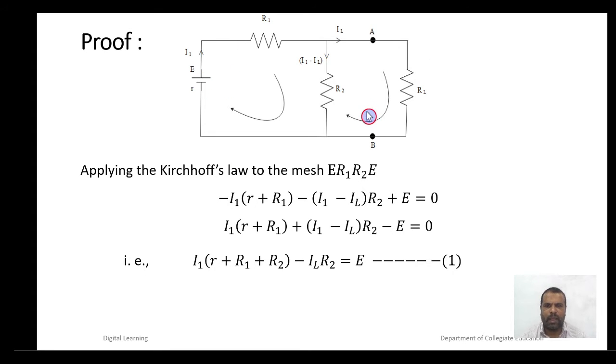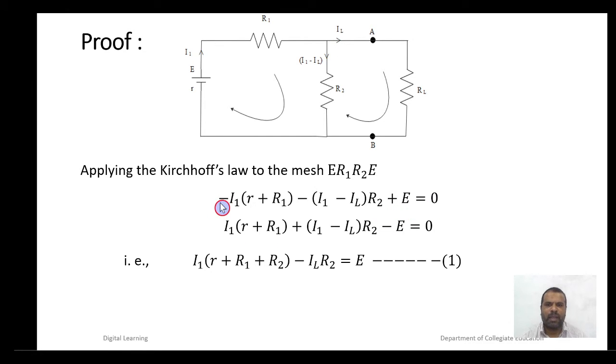The simple circuit diagram. Here we consider the first mesh E, R1, R2, E, and the second mesh A, RL, B, R2, A. Now apply Kirchhoff's law to the mesh E, R1, R2, E. Here, minus I1 into (r plus R1), minus (I1 minus IL) into R2, plus E is equal to 0.